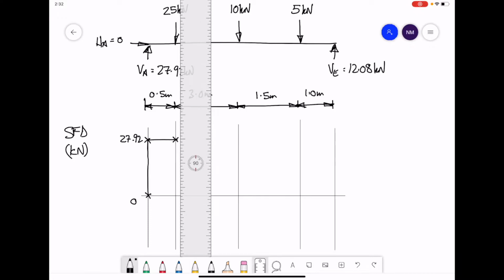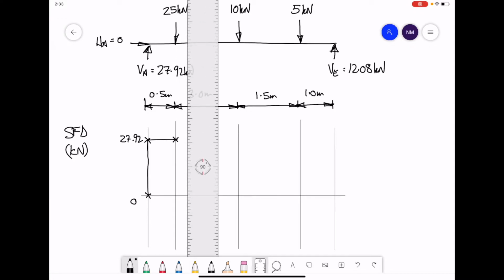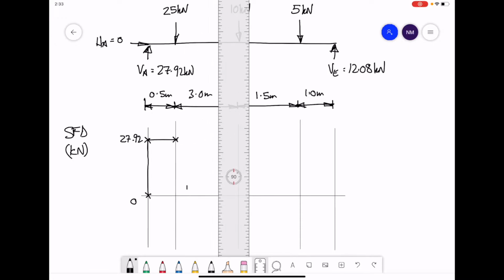That will cause a drop of 25 on our current value, taking us down to a value of 2.92.